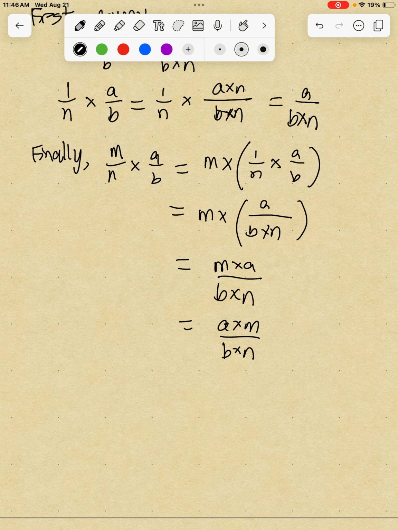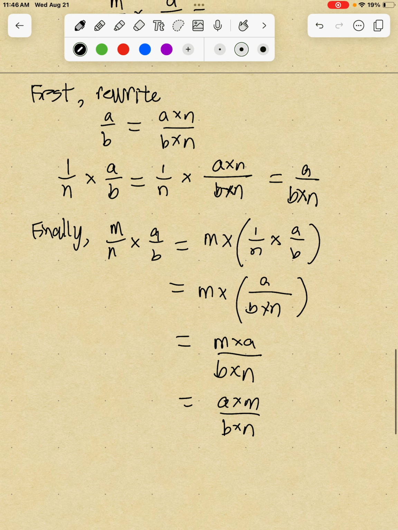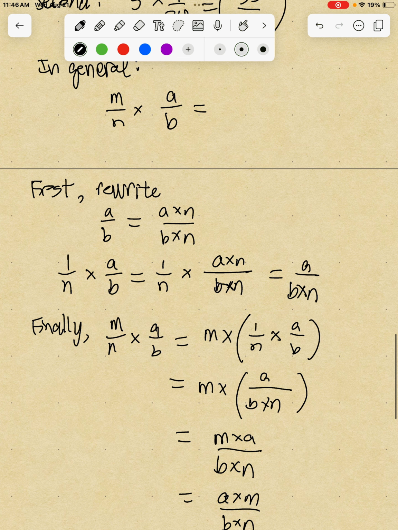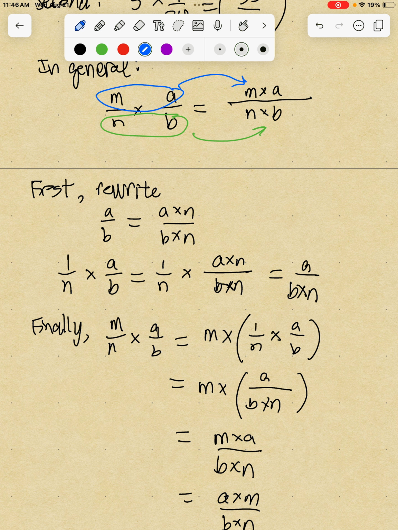So we discovered that this is equal, and I can write this as m times a all over n times b. We just discovered that you can multiply the numerators together and multiply the denominators together. So that's multiplying the denominators together, that's multiplying the numerators together to get the result.